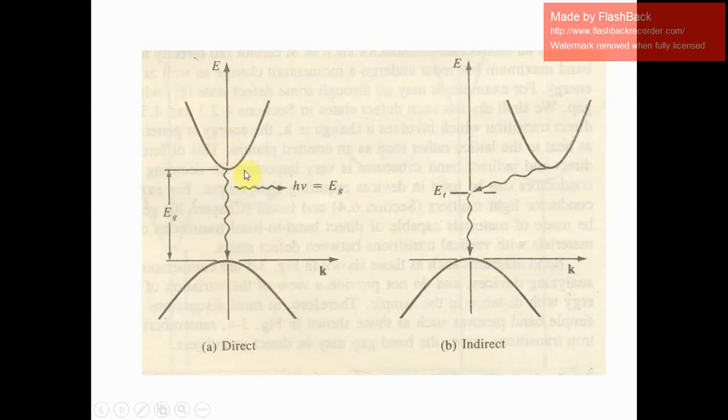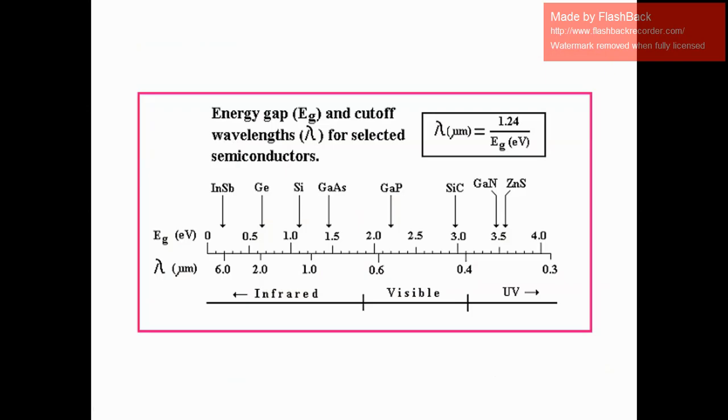You have to know that there are no perfect horizontal lines; it is parabolic. So please keep in mind what a direct band gap semiconductor is, what an indirect band gap semiconductor is, and how these band diagrams are plotted. You have to keep this in mind.